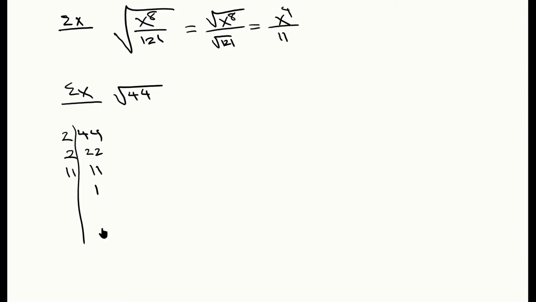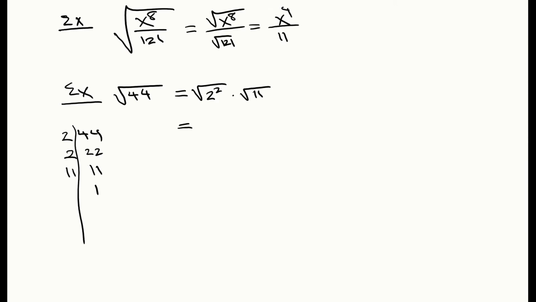Once we reach the 1 here, we're finished with the prime factorization process, and we can see the prime factorization of 44 right here. So we notice that we can write the square root of 44 as the square root of 2 squared times the square root of 11.